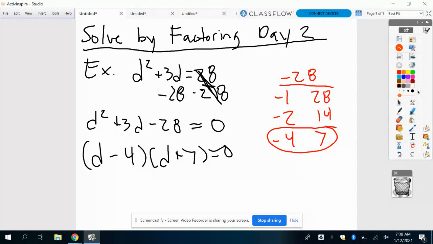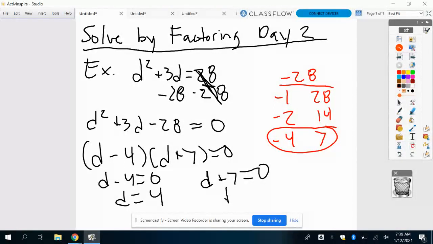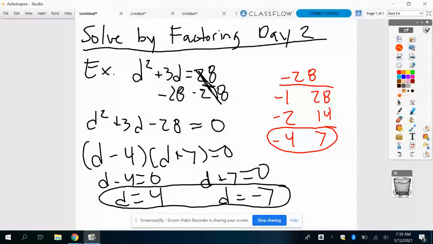So we take d minus 4 set equal to 0, and d plus 7 set equal to 0. So we add 4 to both sides here, so d is 4, and we subtract 7 from both sides here, so d is negative 7. So your answers are d is 4 and d is negative 7.